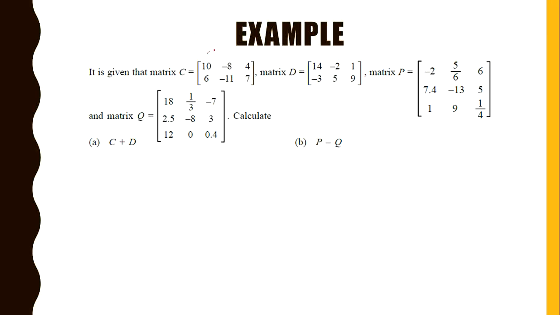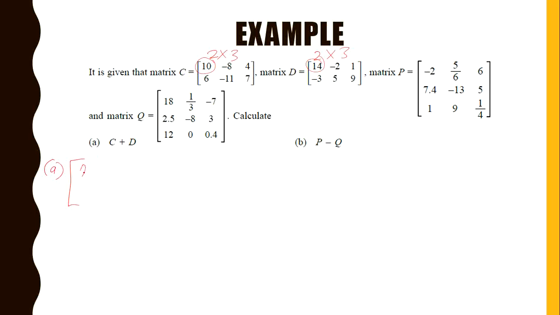Order of matrix C is 2 by 3 and matrix D also 2 by 3. Okay, so bolehlah kita nak tambah sebab dia order yang sama. Okay, so kita nak tambah macam mana? Kita tambah mengikut pasangan.